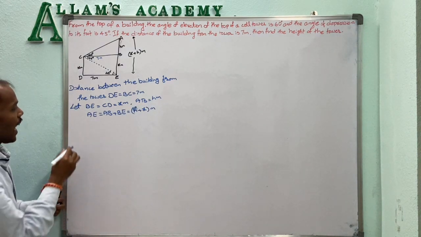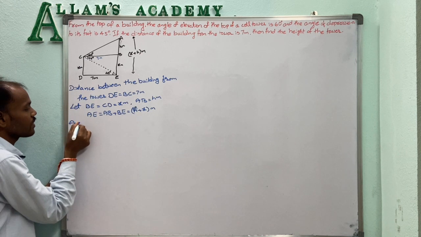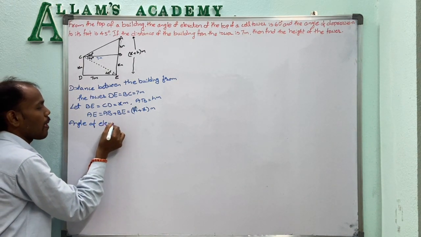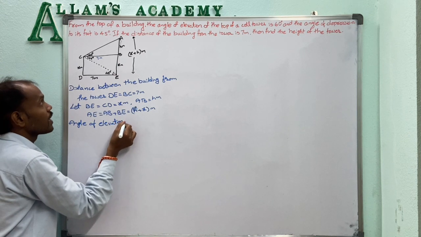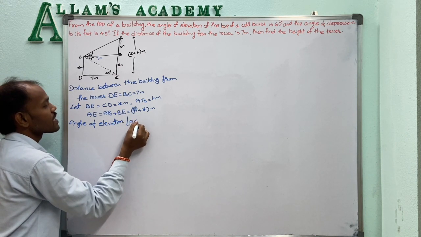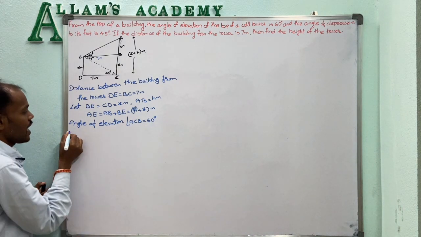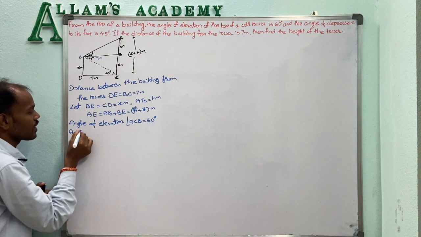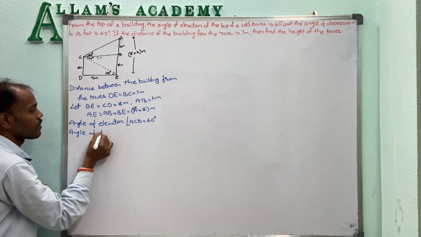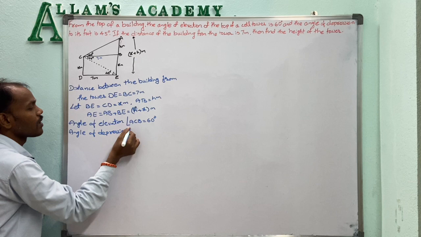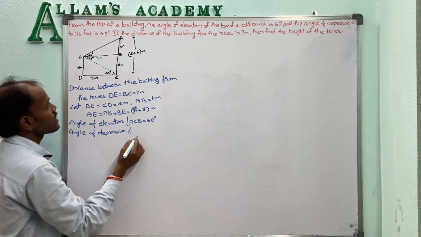Next, angle of elevation: angle ACB equal to 60 degrees. Angle of depression: angle BCE.